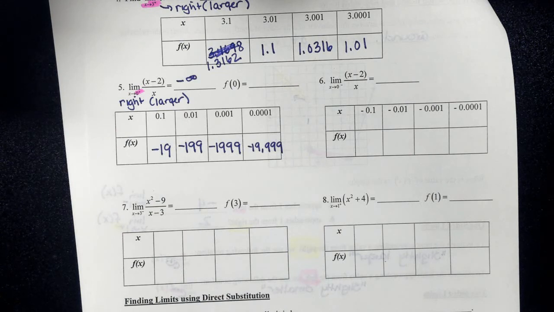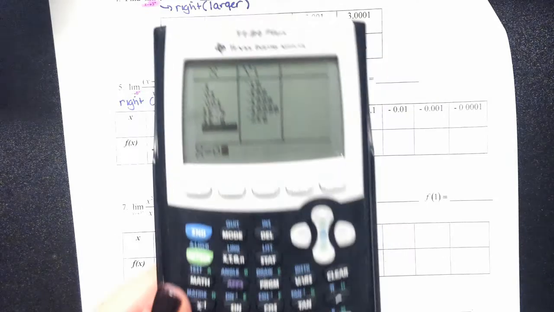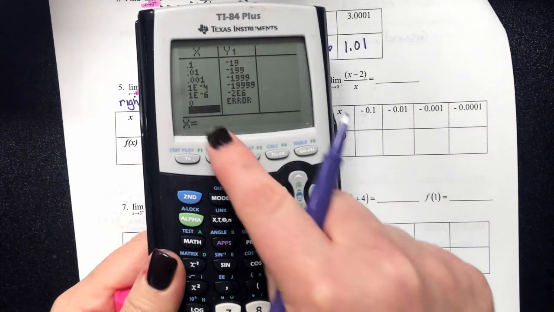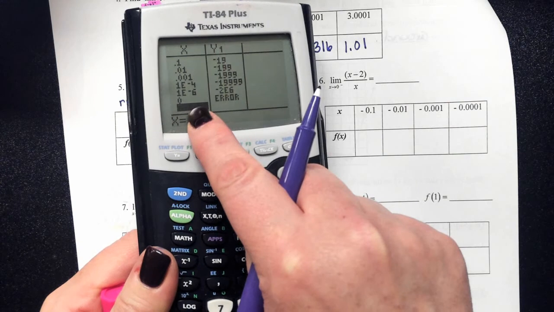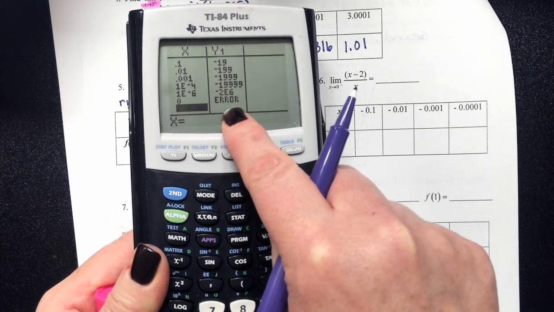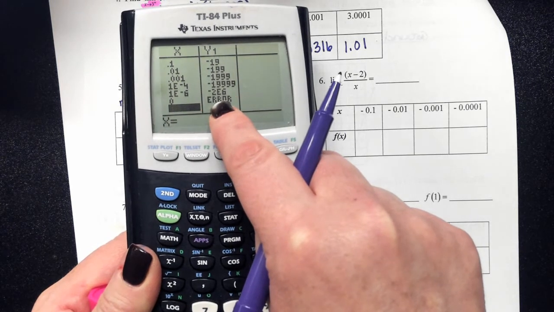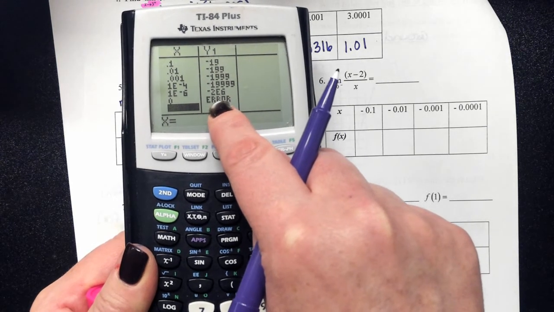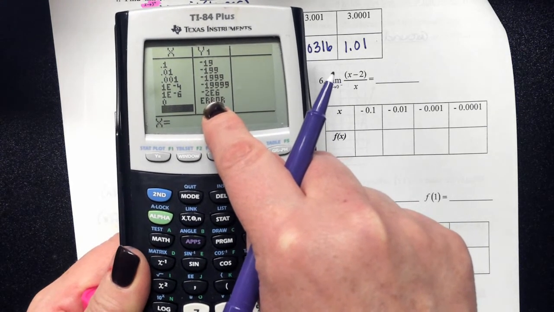What's happening graphically at x equals 0? Is this defined? What happens if I plug 0 into this fraction for x? It's undefined. Why is it undefined? Can't divide by 0. So note if I try typing in 0 on my calculator, notice I'm getting an error message. But even though I plugged in numbers that were really, really close to 0 without being equal to it, I was getting outputs.